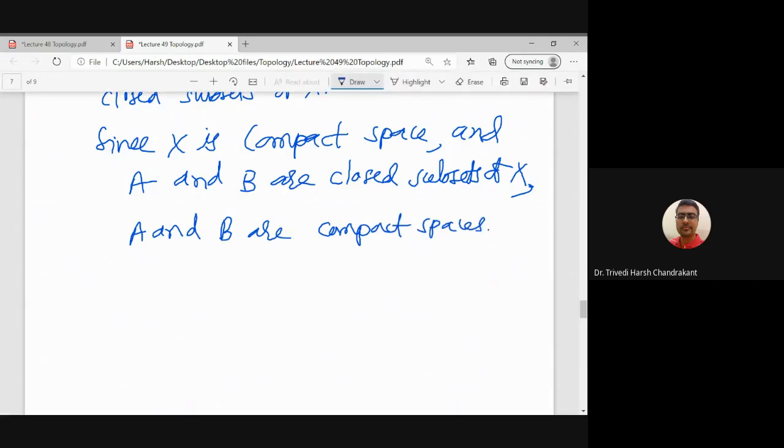Each closed subset of a compact space is compact. So A and B are now compact spaces. And then we know that for compact spaces, if we have an open cover, we can find a finite subcover.